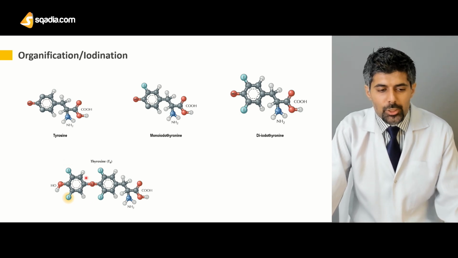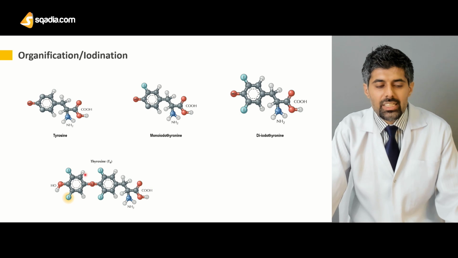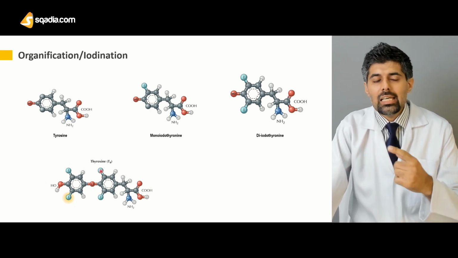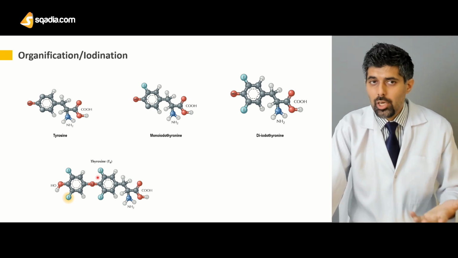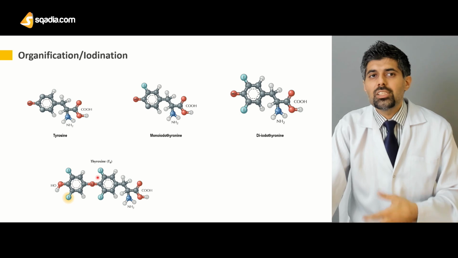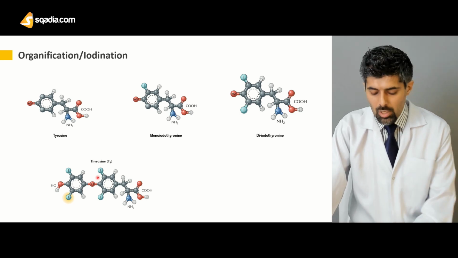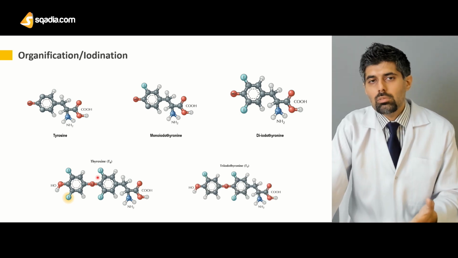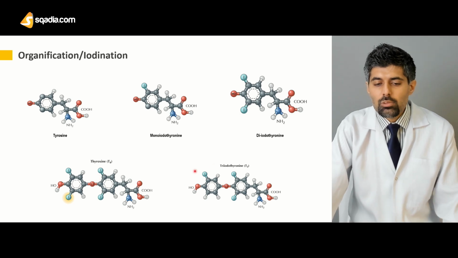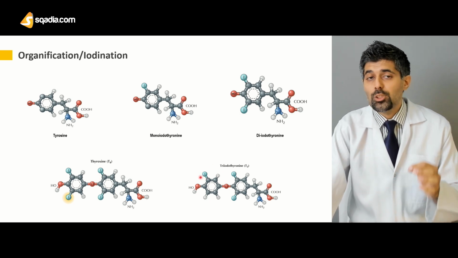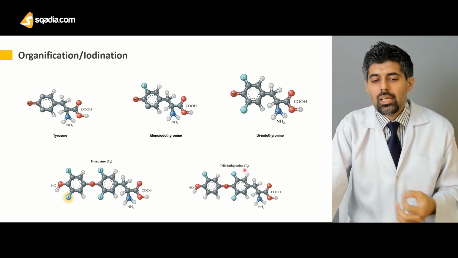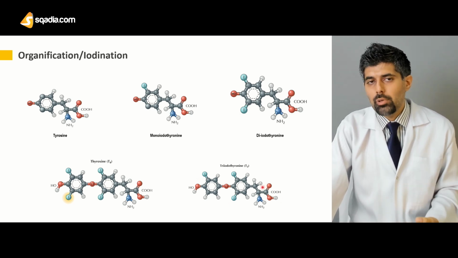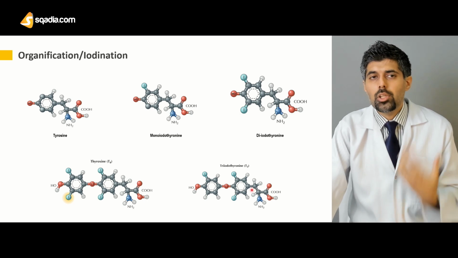If the residue it is attached to is double iodinated, it results in T4, or tetraiodothyronine, otherwise known as thyroxine. But if it attaches with a residue which is only singly iodinated, it converts into T3, or triiodothyronine.